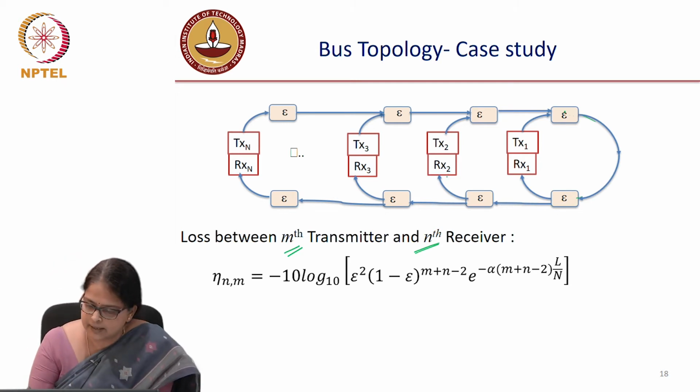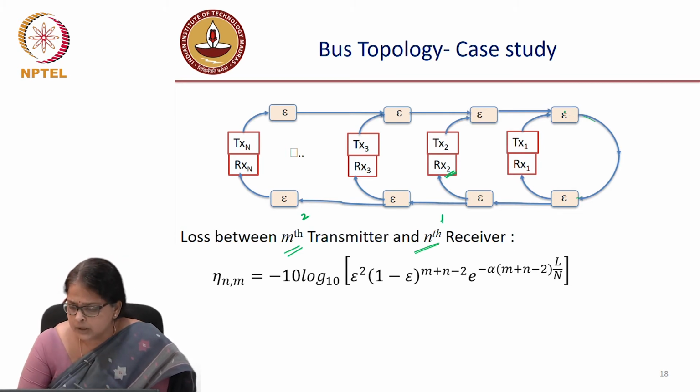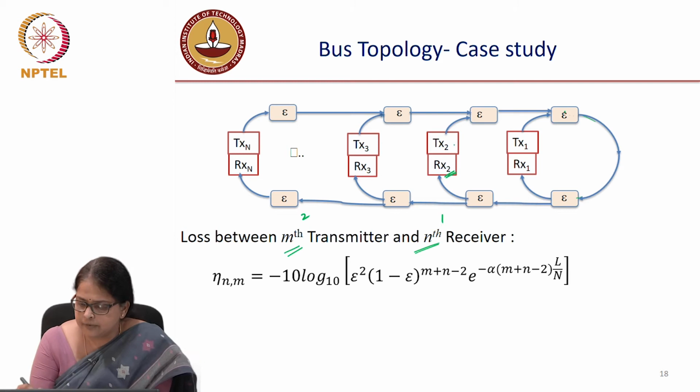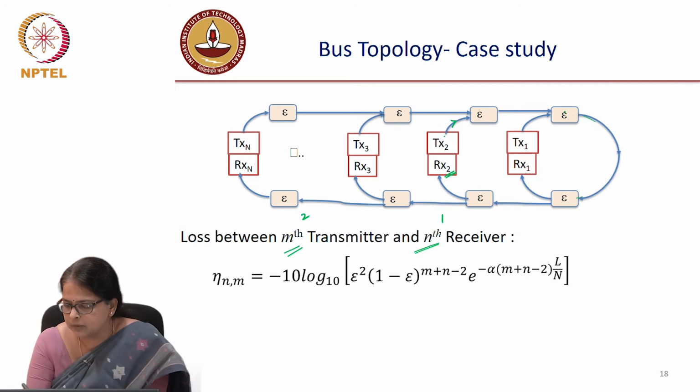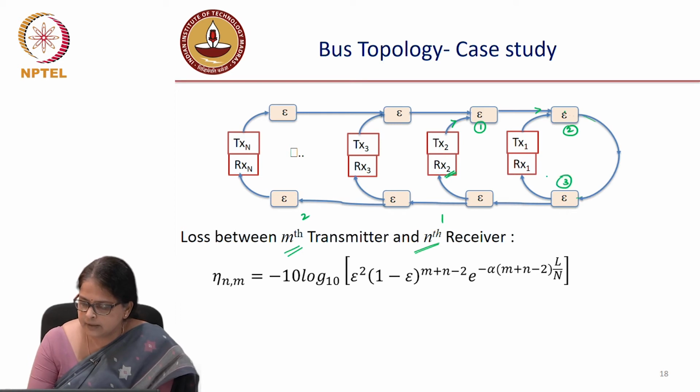As an example, let's say m is equal to 2 and n is equal to 1. If you want to transmit data from node 2 to node 1, the data has to go through the first coupler. So there is a coupling loss here, and then it has to bypass this coupler. Let's call these coupler 1, coupler 2 and coupler 3, right?